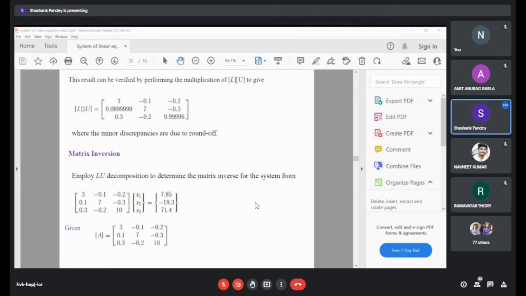Any one of you? Sir, wait, it's a long process. Okay, you solve it, make the calculation, and give the inverse of this matrix. You perform this exercise. This is a 3 cross 3 matrix. We need to calculate the inverse of this matrix.